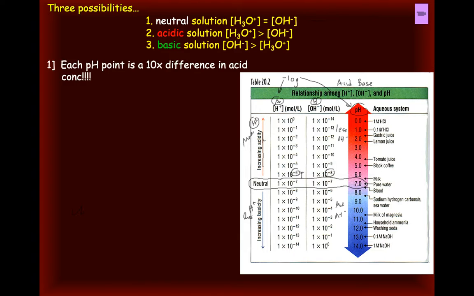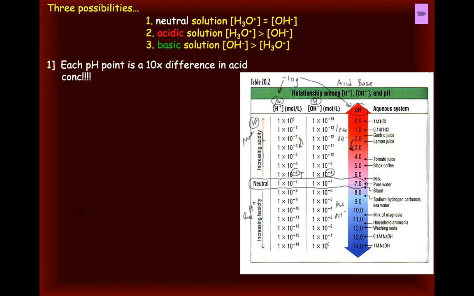All right. And a couple things also you want to realize is that each pH point, when you go from, say, pH 2 to pH 3, that's going on an exponent from 2 to 3. So that's going to be a 10 times difference. All right. So each pH point is actually a 10 times difference. So if you went from 2 to 3, that would be 10 times less acid.